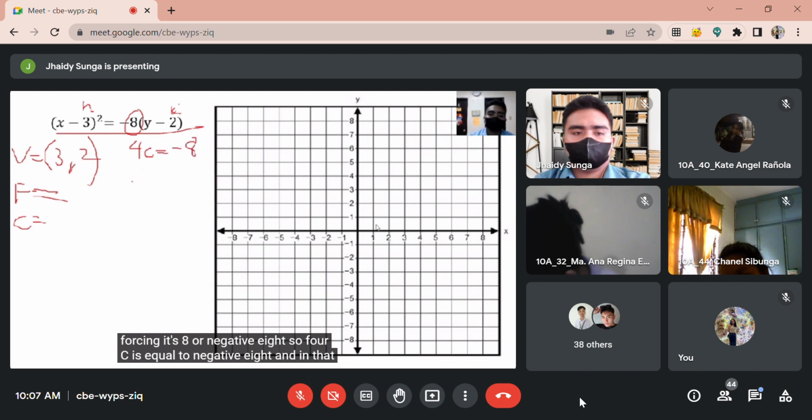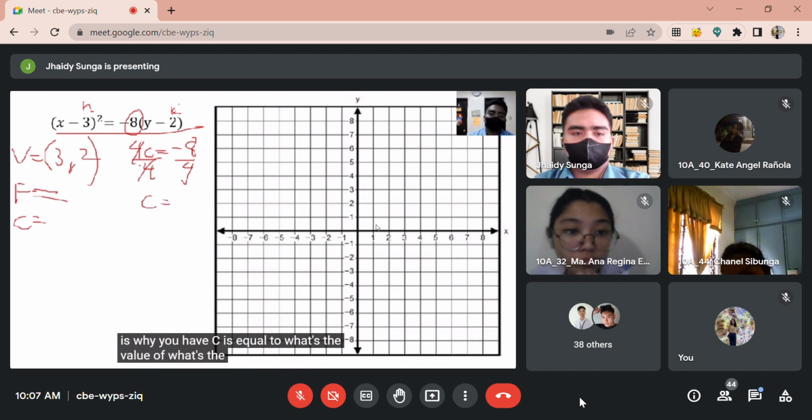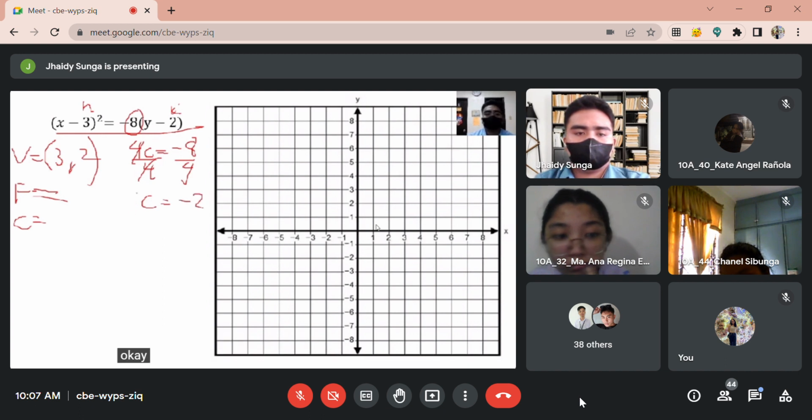In that case, you could find the value of c by dividing both sides by 4. What's the quotient when you divide negative 8 by 4? The value is negative 2.